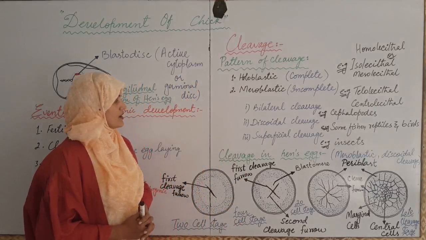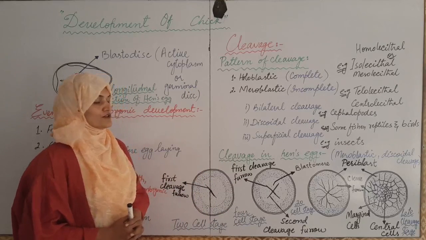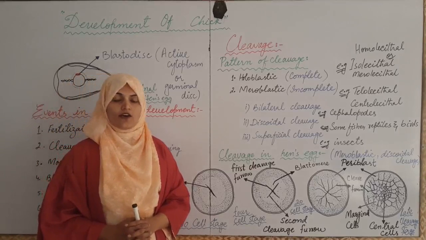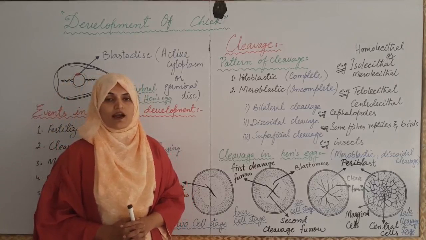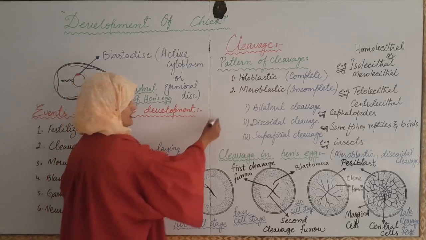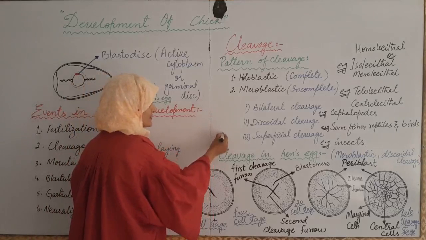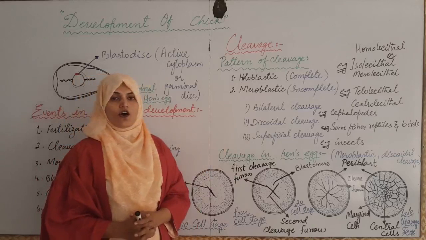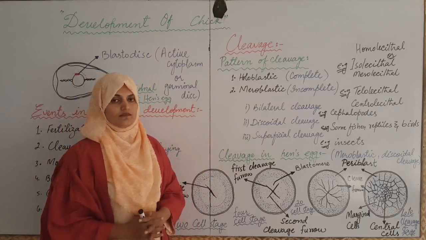Holoblastic is also termed as complete cleavage because the egg of the animal is divided completely, meaning the whole egg is cleaved completely. That's why we term it as holoblastic cleavage.